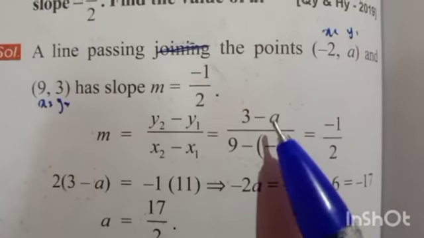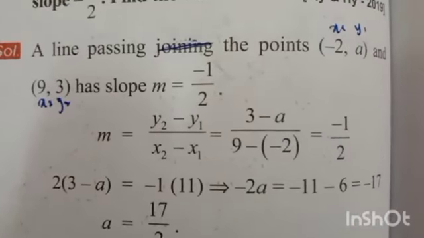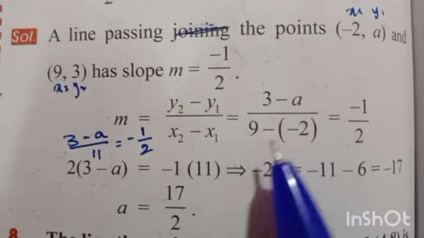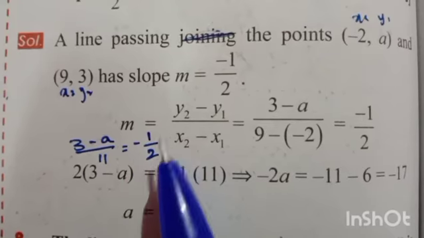Students, you have to simplify this. 3 minus a by 9 plus 2, 11, is equal to minus 1 by 2.